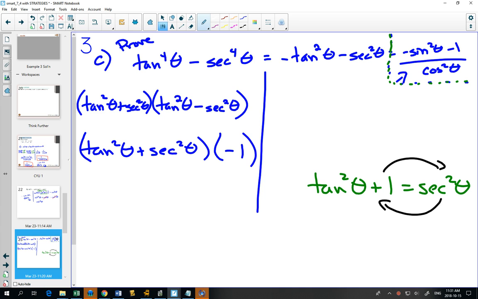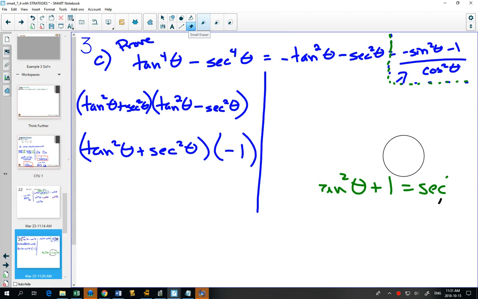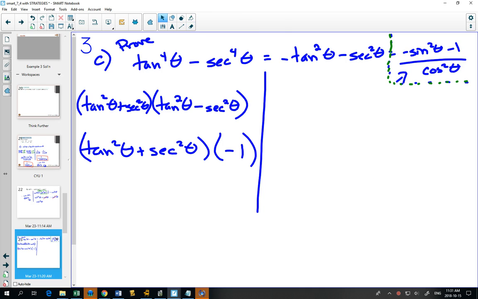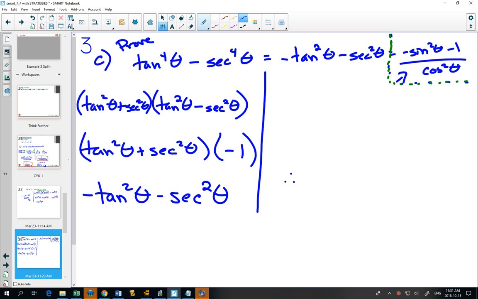So I can change tan squared minus secant squared to minus 1. If I then distribute my negative, I'm done.